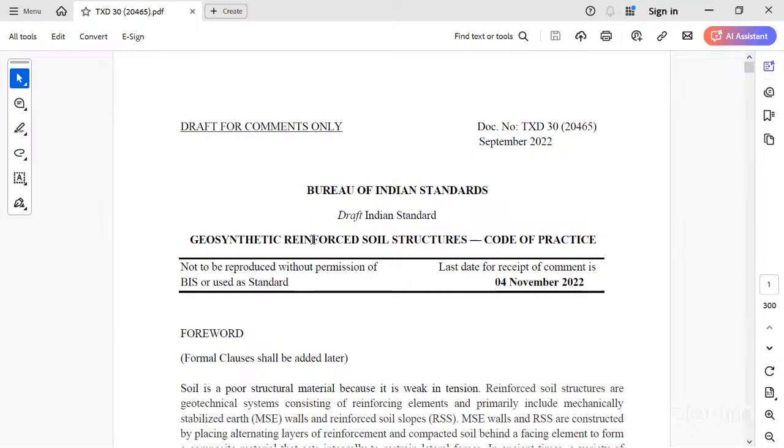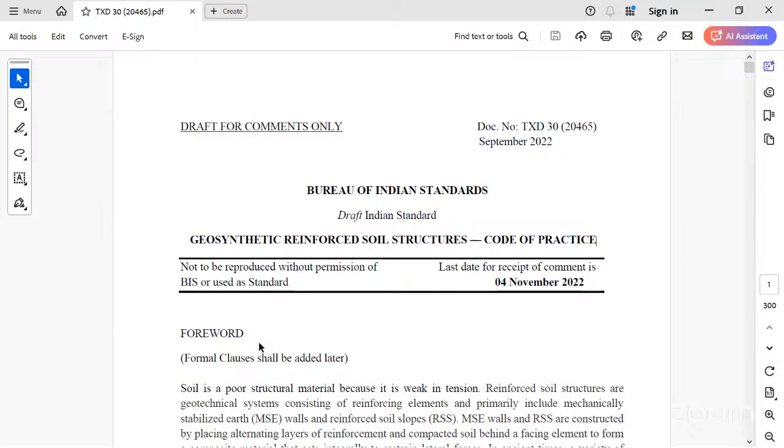I don't know exactly where I saved it, but I think you should just type the keyword, the geosynthetic reinforced soil structures code of practice. And nowadays all the IS codes are freely downloadable. You should be able to download this code of practice also. Okay, sir. I will check. Yes, please check.